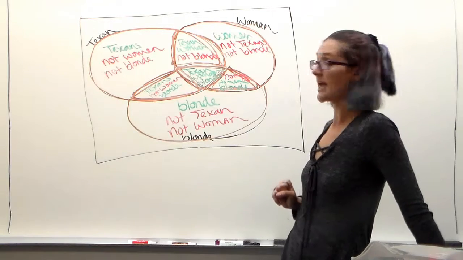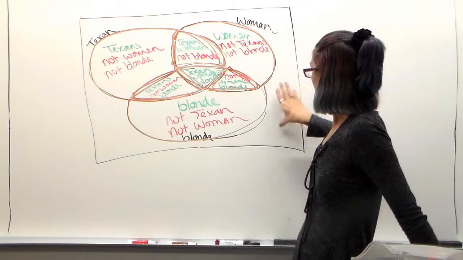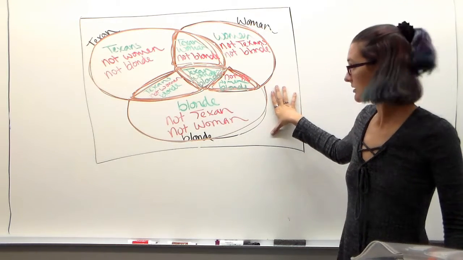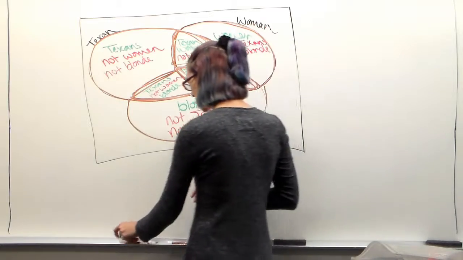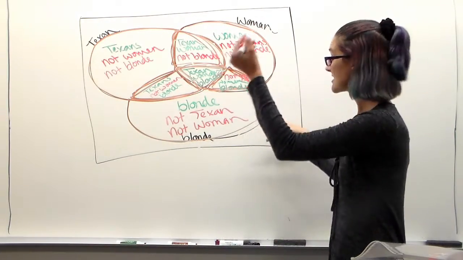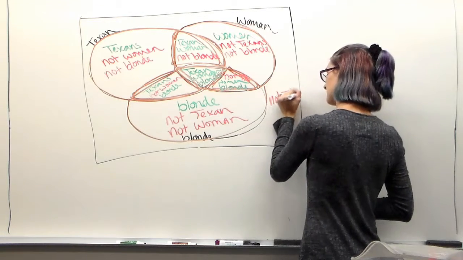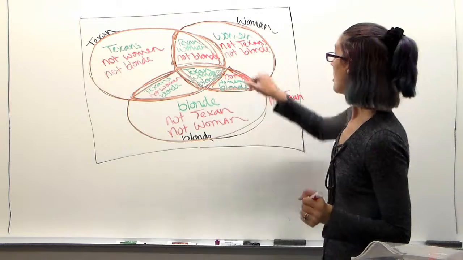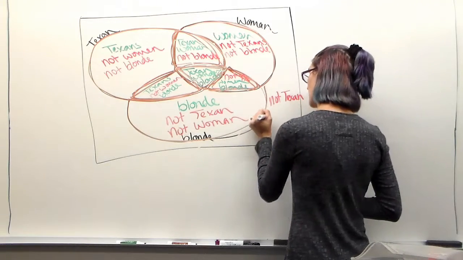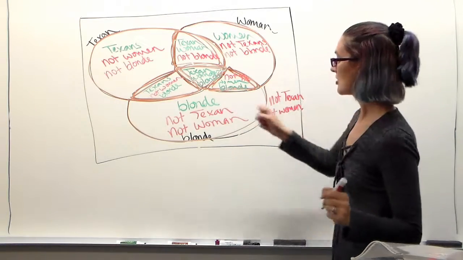So there's one more category we have left out. We don't have the people outside the circles, right? What type of people are outside the circles? Well, are they Texan? If they're not in the Texan circle, they're not Texan. Are they women? If they're not in the women's circle, they are not women. And are they blonde?